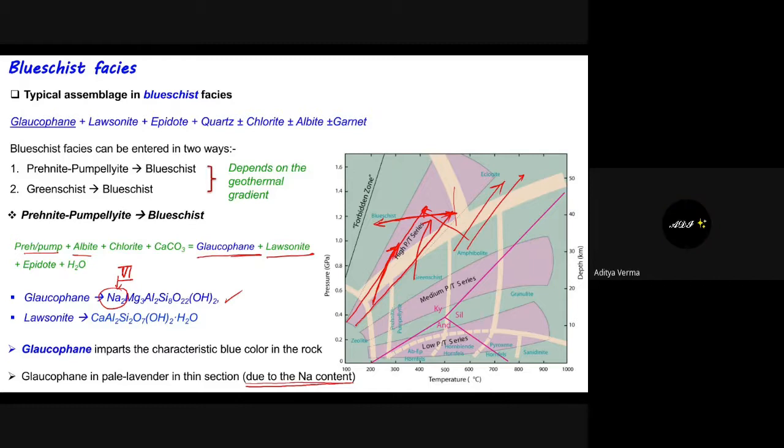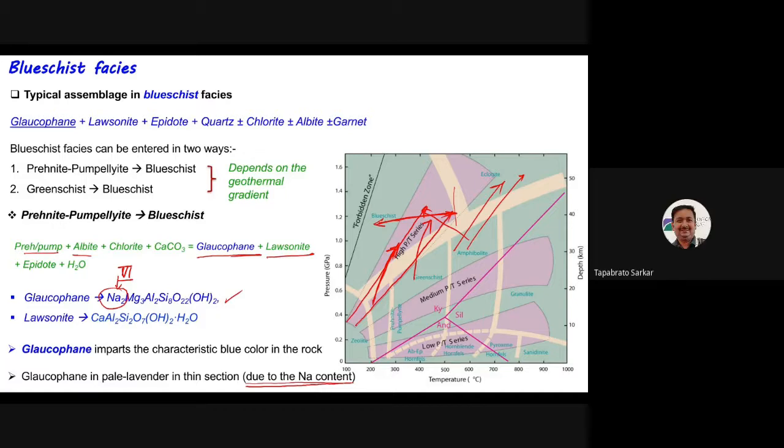Yeah, so we do not have a natural condition where the pressure increases with decrease in temperature.